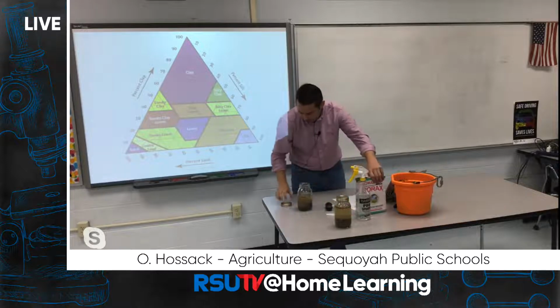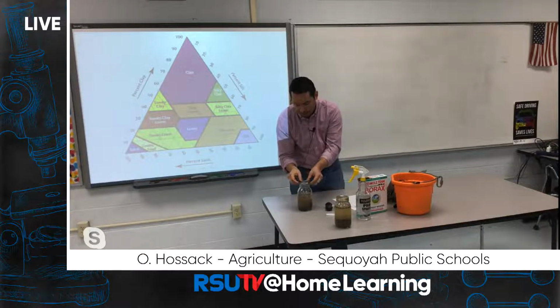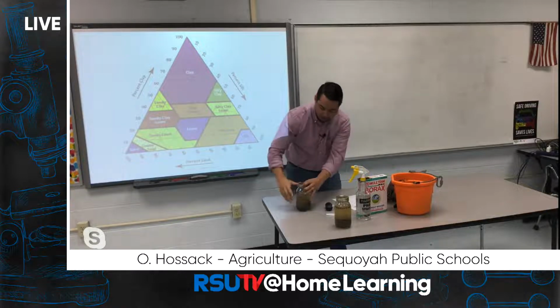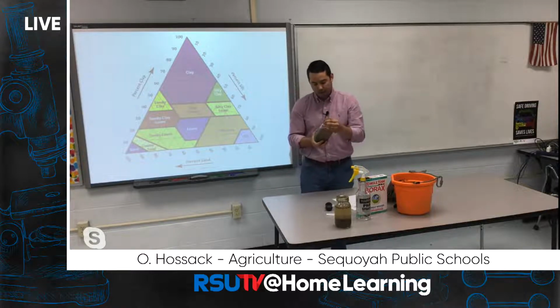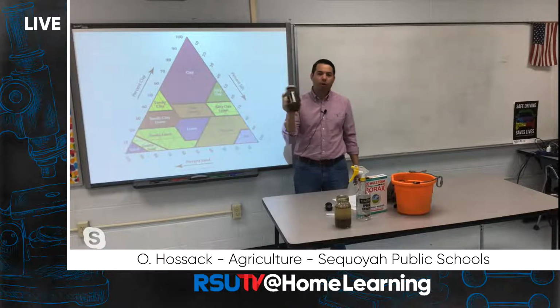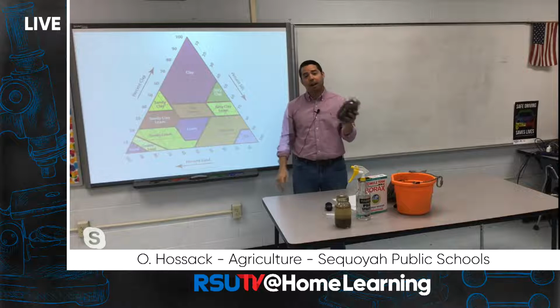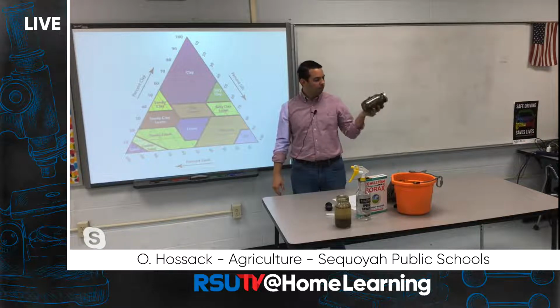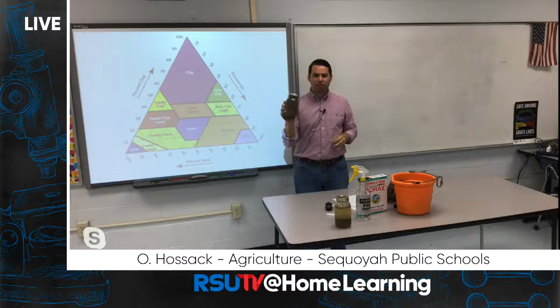You can put that in there, and it's going to help those particles fall out of the water faster. And that is exactly what we are looking at with the setup. Once all the soil and water and the borax is in there, you're going to shake it for about 5 to 7 to 10 minutes, however long you want to do this till you get bored and stop. This is a great thing if you have a little brother or sister. You can be like, here, shake this for 10 minutes.